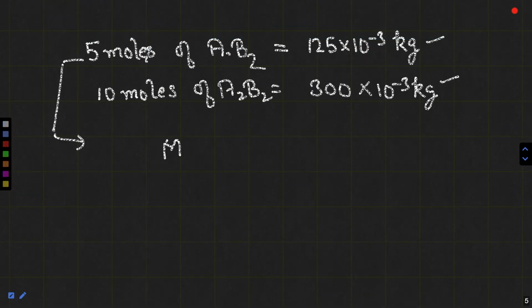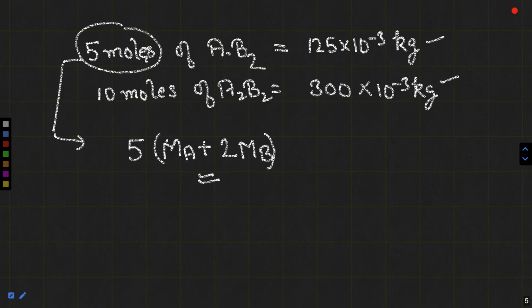It will be the molar mass of A plus 2 multiplied by the molar mass of B. But since we have taken 5 moles and this is the mass of 1 mole, because molar mass itself means the mass of 1 mole, if we take 5 moles, we have to multiply it with 5 to get the total mass of these 5 moles. To get the total mass of these 5 moles, we have to multiply the mass of 1 mole by 5. And this mass is again given as 125 into 10 to the power minus 3 kg.